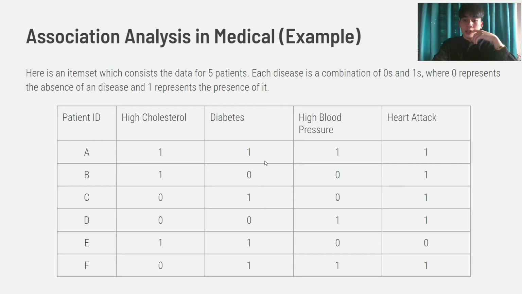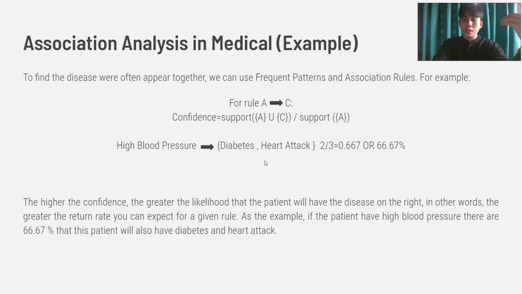So our group has used frequent patterns and association rules to calculate the percentage of the patient getting the disease. For example, if the patient has high blood pressure, there is a 66.67% chance that this patient will also have diabetes and heart attack.